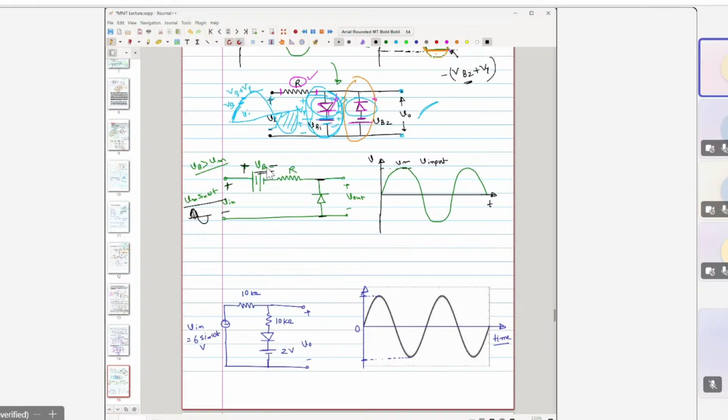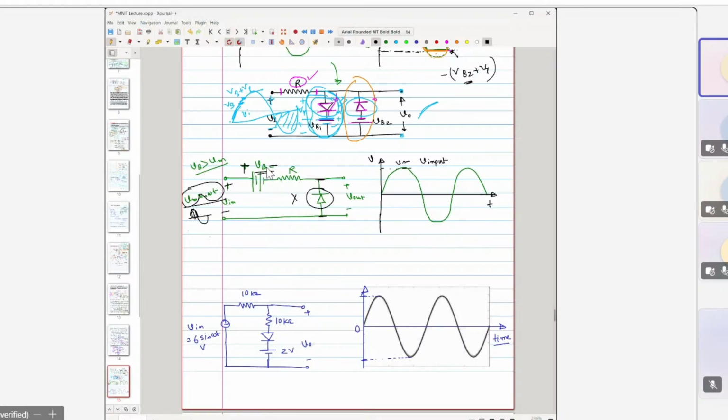Then across this, there is no potential, right? So you will get the potential only when this input signal, this Vm sine of omega t, crosses this Vb, right? Then only this diode would turn off, and whatever the signal is, you will get the signal there. I hope you are able to understand.